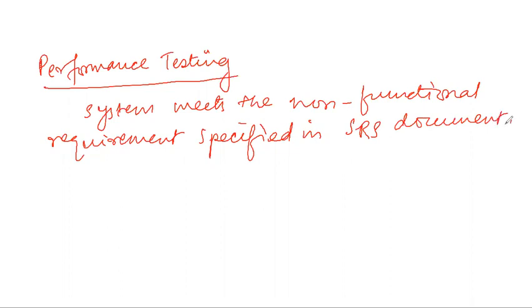So functional requirements are checked using smoke testing. Then also they will be checked entirely using the system testing approach. But under the system testing approach, we also check the performance testing, that is the non-functional requirements, whether it is meeting them as specified in my SRS document. So this checking is done in performance testing.